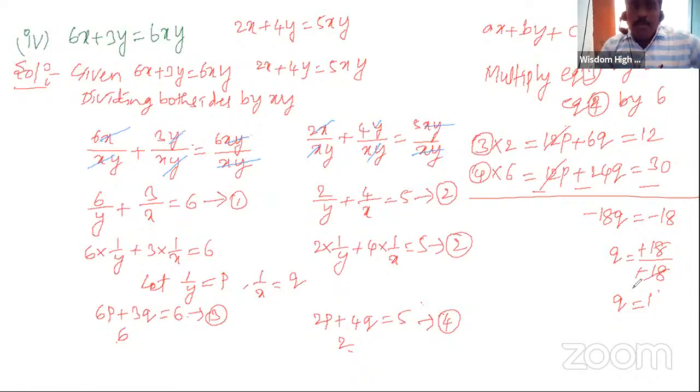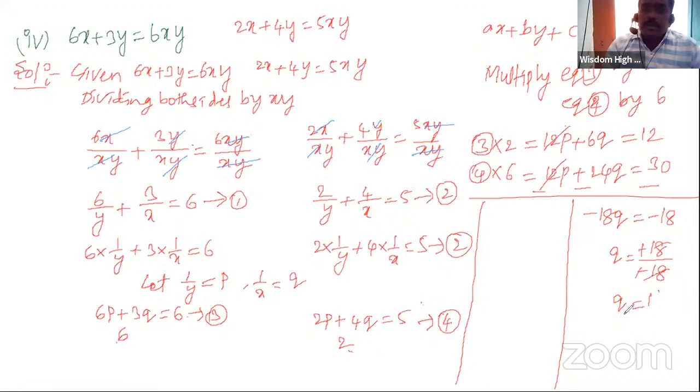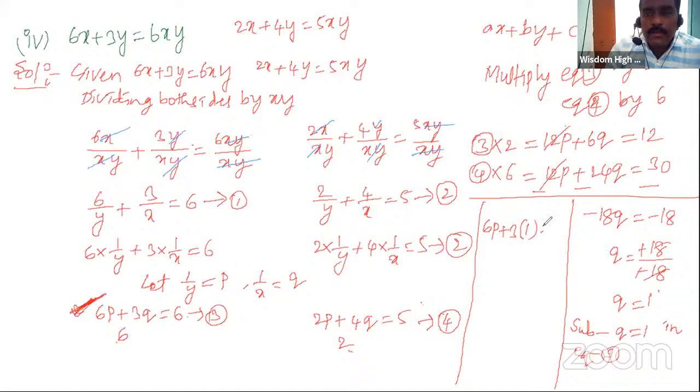Now if you want to get the p value, you have to substitute q is equal to 1 in equation 3 or 4, no problem. Now substituting q is equal to 1 in equation 3: 6p plus 3 times q, which is 1, is equal to 6.